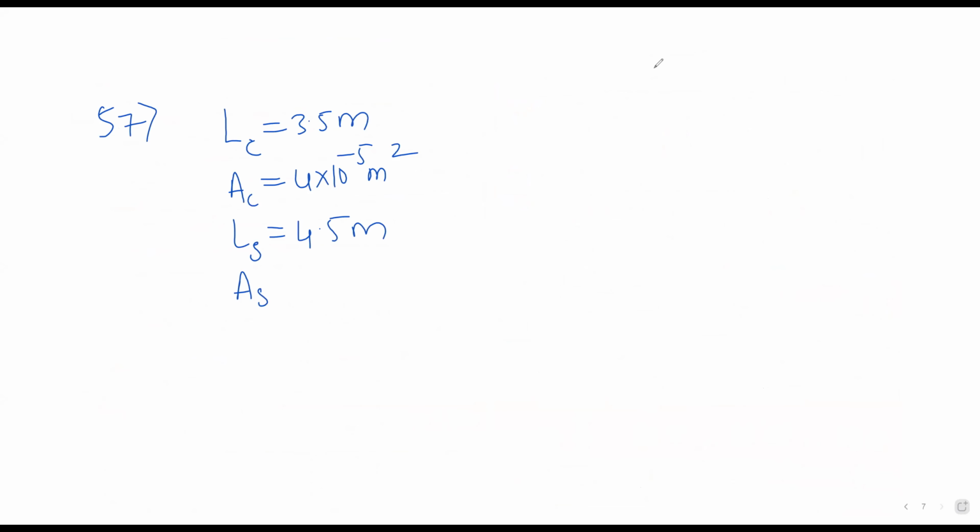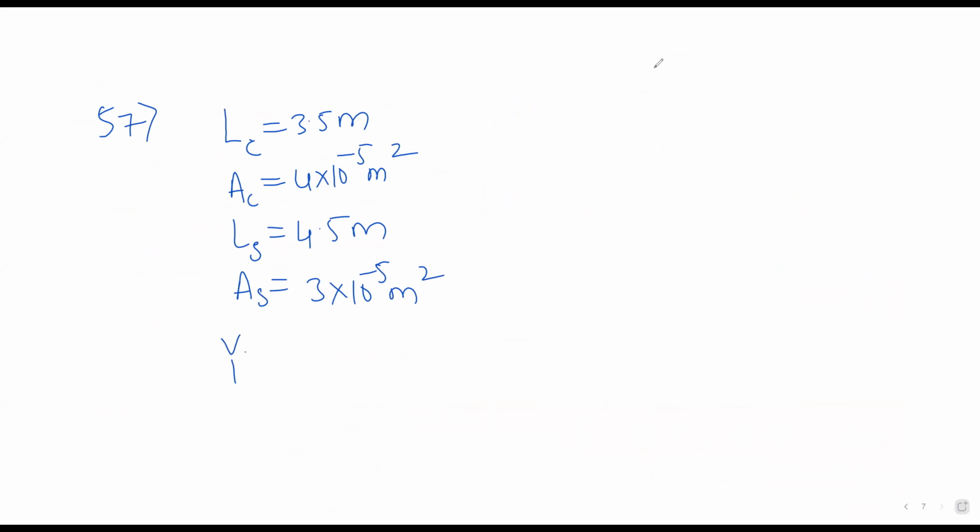For the 57th one, what they have given for copper wire: length of copper is 3.5 meter and area of cross section for copper wire is 4 into 10 to the power of -5 meter square. Same thing for steel: LS, the length of steel wire, is 4.5 meter, and area of cross section for steel wire is 3 into 10 to the power of -5 meter square.